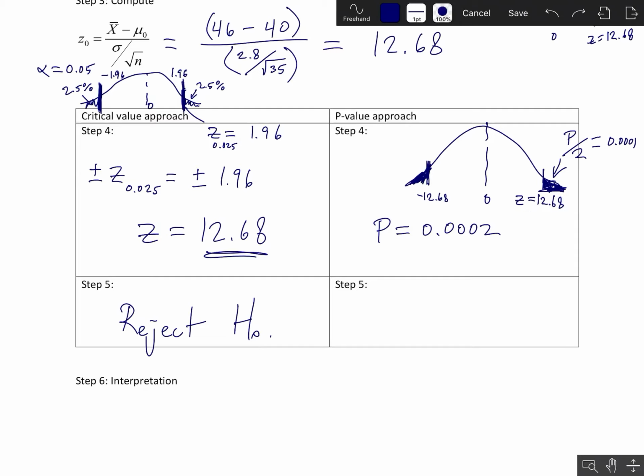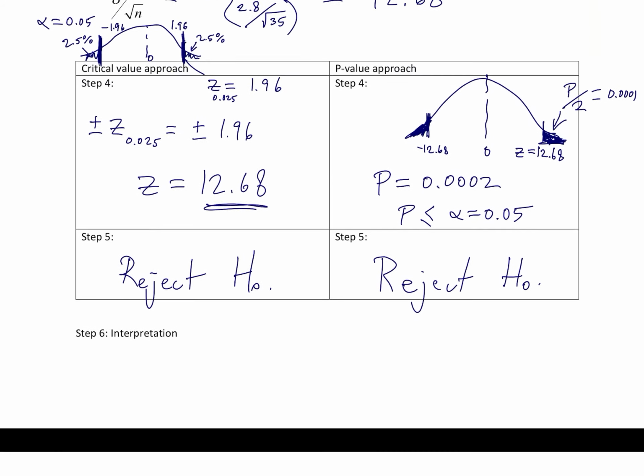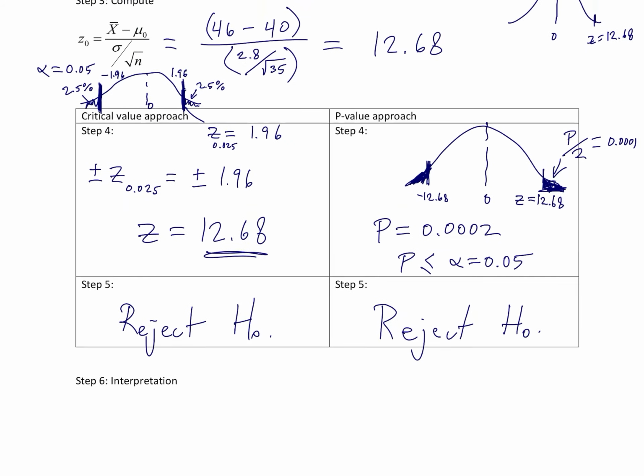So because this is such an unlikely result to get from the null hypothesis, we're going to reject the null hypothesis. So in particular, p is less than or equal to alpha, which was our level of significance. And because p is smaller, we will reject the null hypothesis.